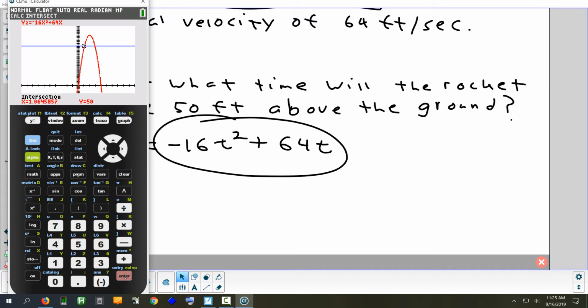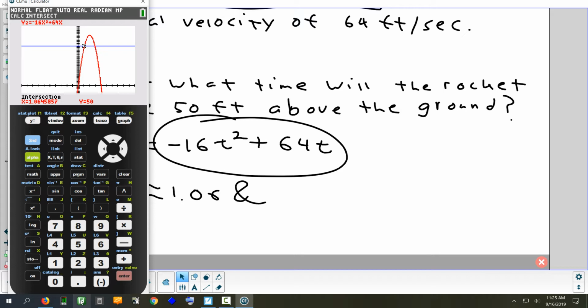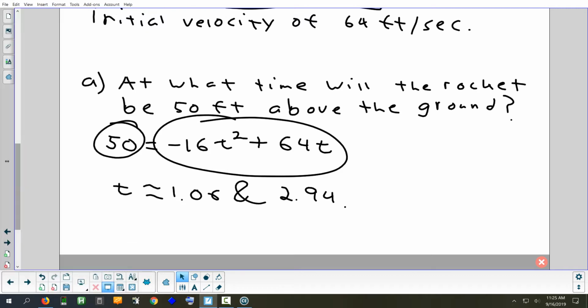So at 1.06 seconds, the rocket would be at exactly 50 feet. That's one time. And what's the other time that it hits 50 feet? 2.94 seconds.